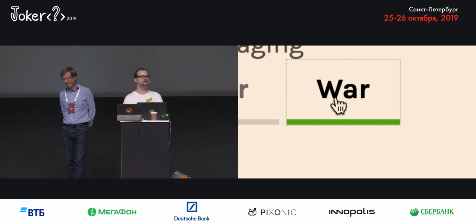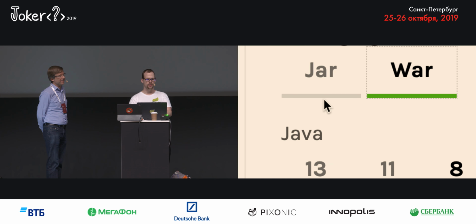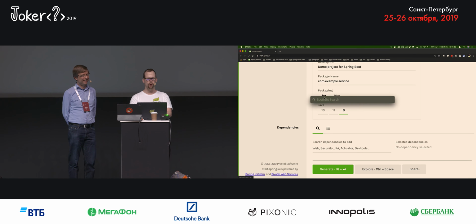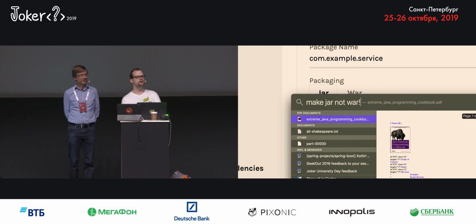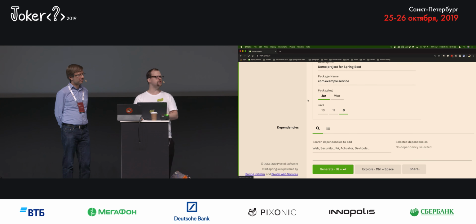But if you're here with us in 2019, then choose .jar. This is a big part of our overarching and guiding personal philosophy of make jar, not war. And again, lots of things that you could do. But I encourage you to stick with the defaults.